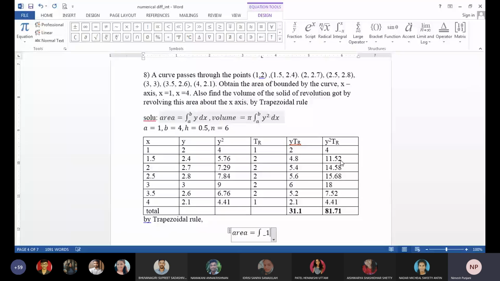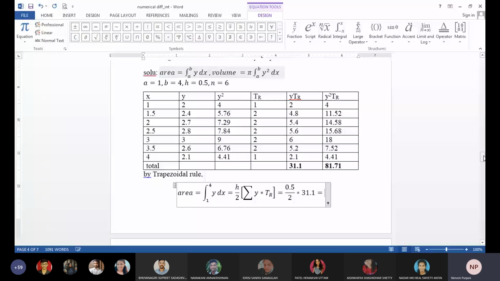The formula is h by 2 times the summation of y. What was my h? 0.5, divided by 2, multiplied by 31.1.